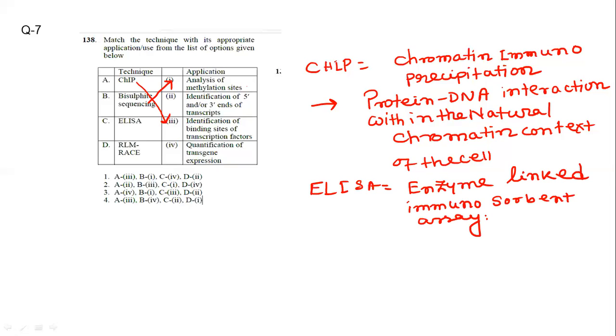Here, most protein detection is done by ELISA, the protein expression level, by using a primary antibody and a secondary antibody. This technique is used for detection of the protein expression level, right?